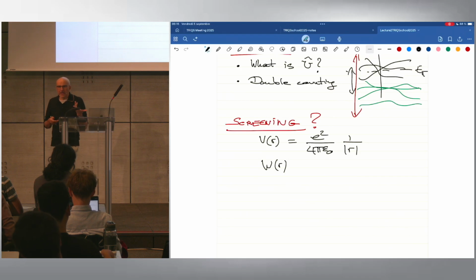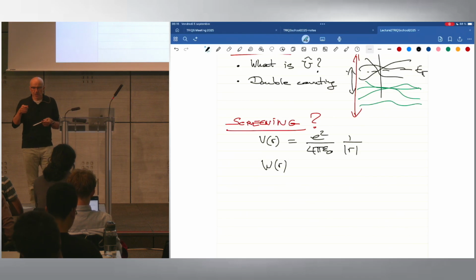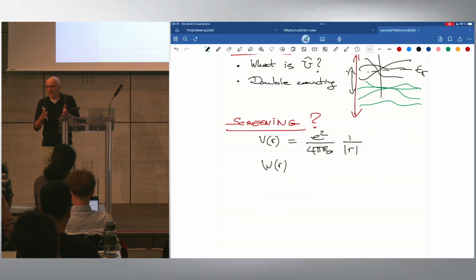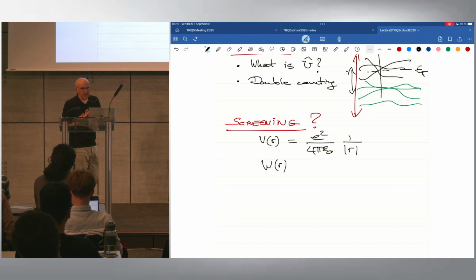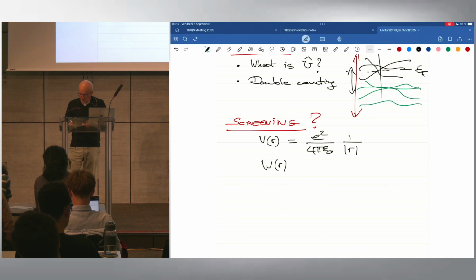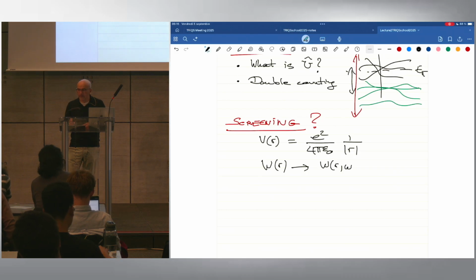Physically, you can guess that if I introduce a charge perturbation which comes with a very, very, very high frequency, the other electrons will not have time to rearrange. And hence, I expect that at very high frequency or very short time scale, there is just no screening. Right? But if I am at low energy and giving time to the electrons to rearrange, there will be screening. So this W of R is really not W of R, but it's a W of R and omega. Right?